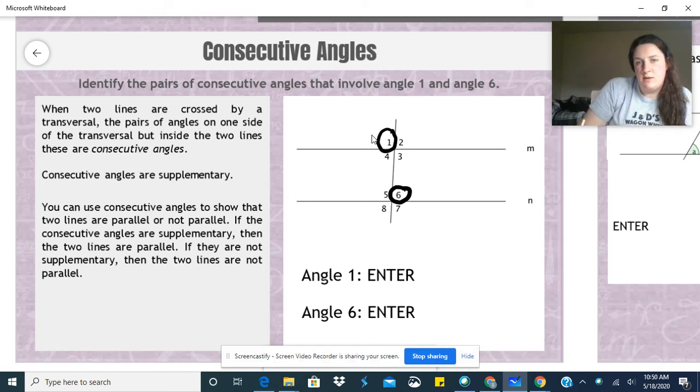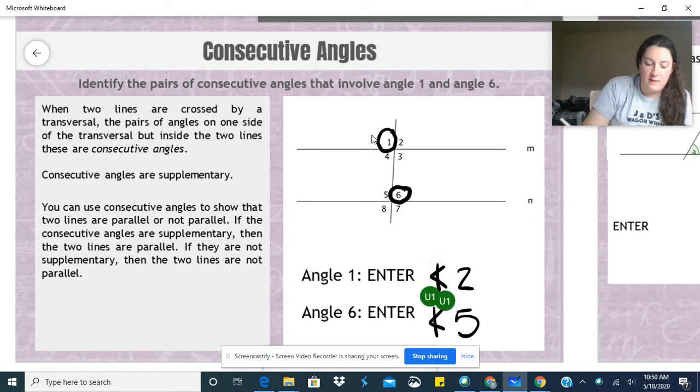So your consecutive for 1 would be what? Angle 2. Your consecutive for 6 would be angle 5.